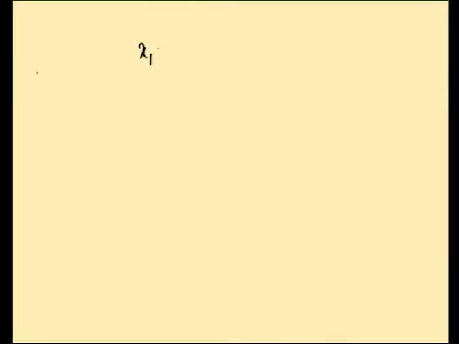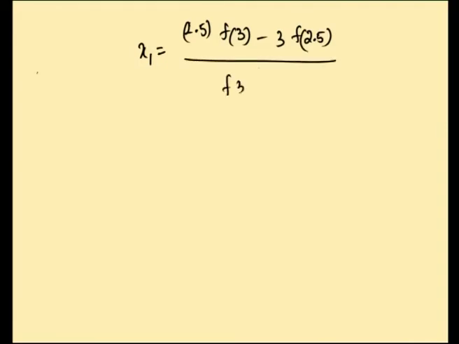So x1 is equal to 2.5 into f of 3 minus 3 into f of 2.5 divided by f of 3 minus f of 2.5. This value comes to be equal to 2.68.